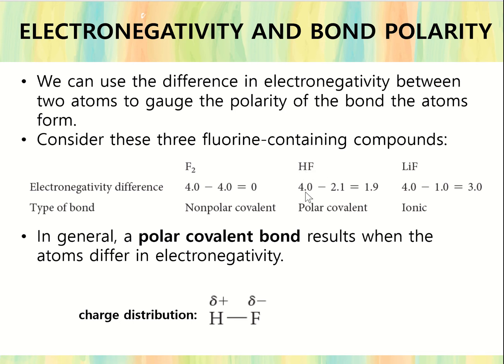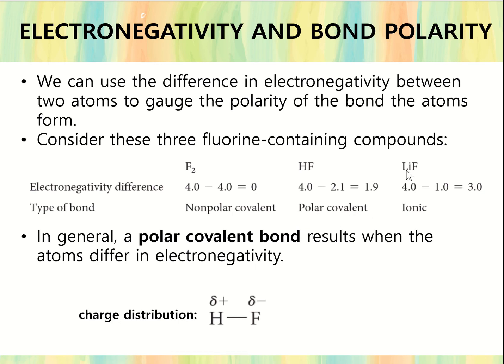As opposed to HF, hydrogen fluoride, the electronegativity based on the Pauling scale is 4.0 for fluorine, as we just saw, and the value for hydrogen is 2.1. If we take the difference, it is now 1.9. So there is a difference in electronegativity, and therefore the type of bond we see here is polar covalent.